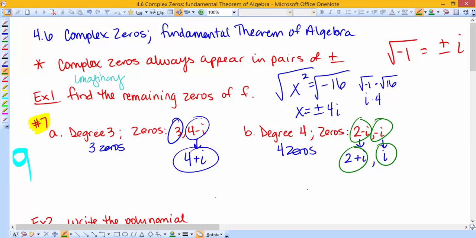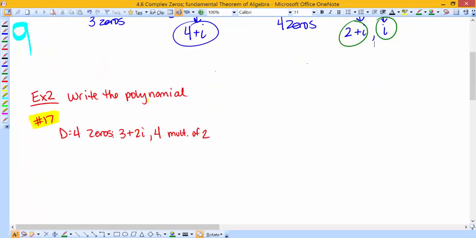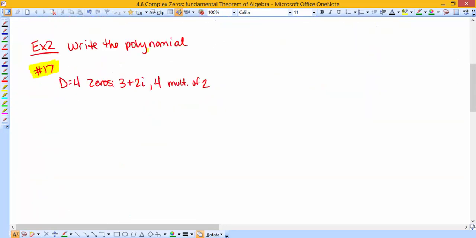So now I'm going to use the idea of the conjugate pairs in example 2, where I'm going to write the polynomial. I'm going to write this first in factored form, and then I'm going to write this in standard form. So the degree is 4, which means there will be 4 zeros, so I will need 4 factors. Here it's giving me one of the zeros, 3 plus 2i.